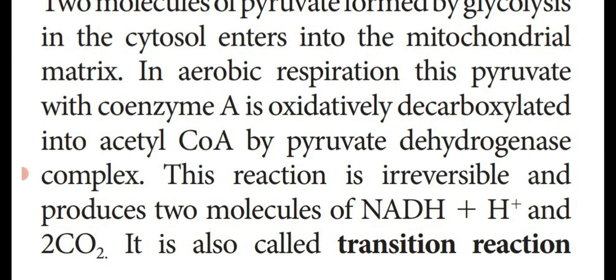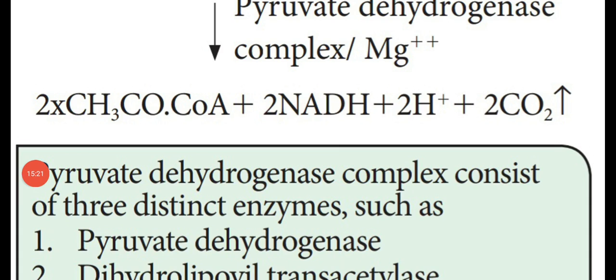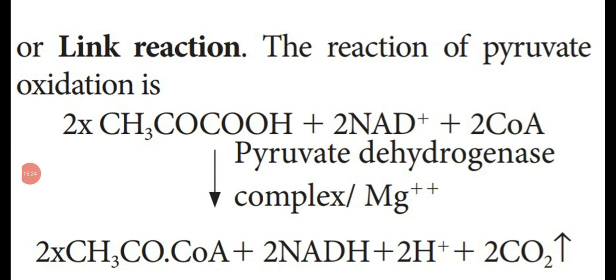The acetyl coenzyme A is formed, oxidatively decarboxylated by the pyruvate dehydrogenase complex. It is an irreversible reaction, producing 2 molecules of NADH2 and 2 molecules of carbon dioxide. This process is known as the transition reaction, or otherwise known as the link reaction.